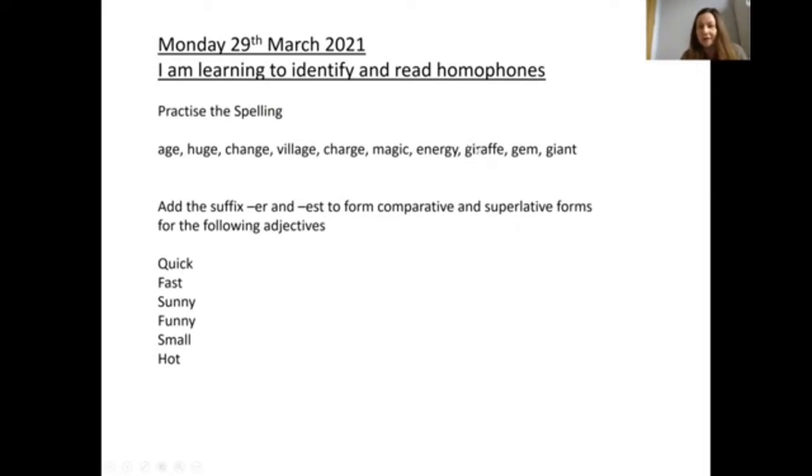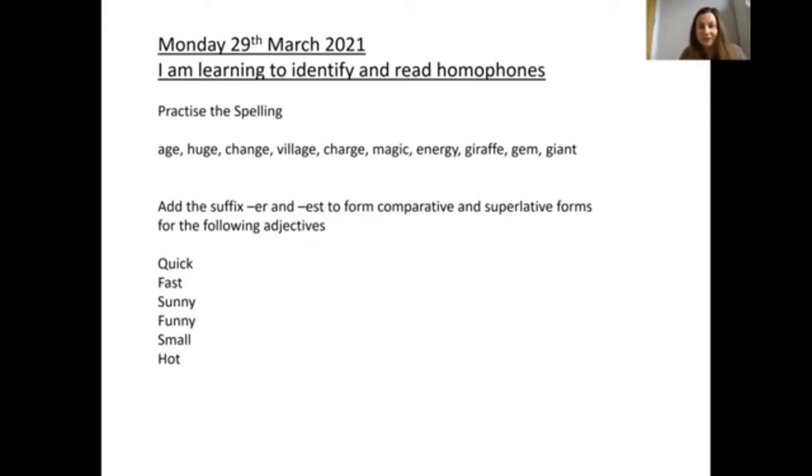So I again here, and then you have gem with the G sound, and then giant as well. Okay, so pause the video now, practice all these words at least 3 times each word. There are many, and I know that some of you already know because we practice them many times.